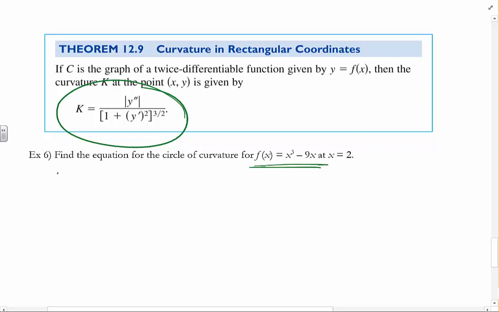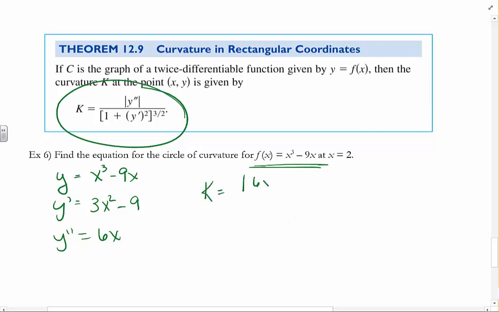I can say, all right, my curvature takes y double prime. So here's y prime. Here's y double prime. My curvature takes the absolute value of y double prime. So in this case, it's going to be the absolute value of 6x over 1 plus y prime squared to the 3/2.